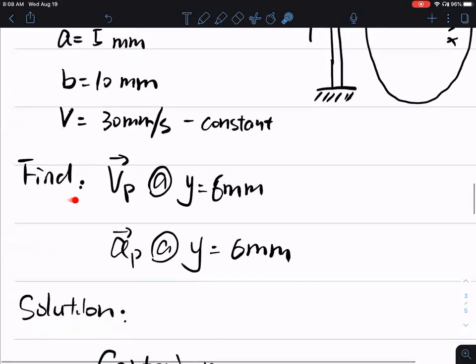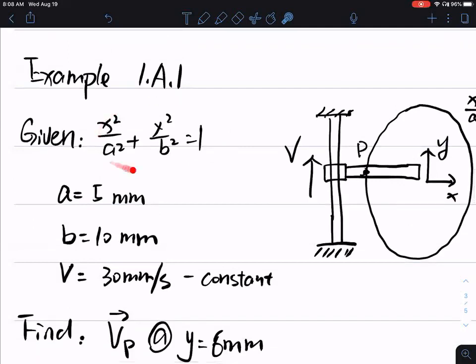If you look at the find, we want to find everything when y equals 6 millimeters. So we know y. If we know y, can we find x? Yes, because we're given this relationship between x and y. If we plug in y, we should be able to get a value for x, right?